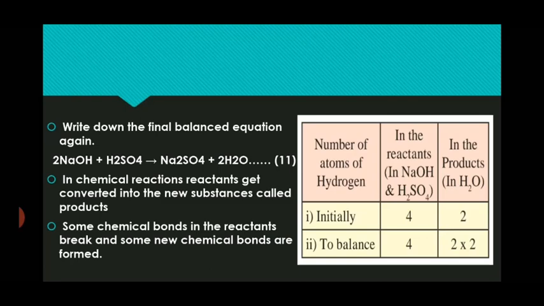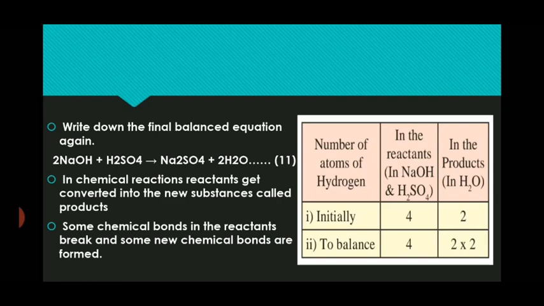If you check again, the number of atoms on the left hand side is equal to the number of atoms on the right hand side. So this way we write the final balanced equation: 2NaOH plus H2SO4 arrow Na2SO4 plus 2H2O.